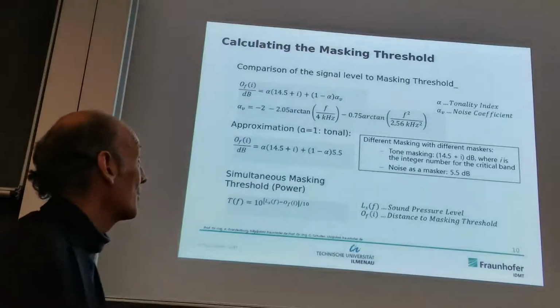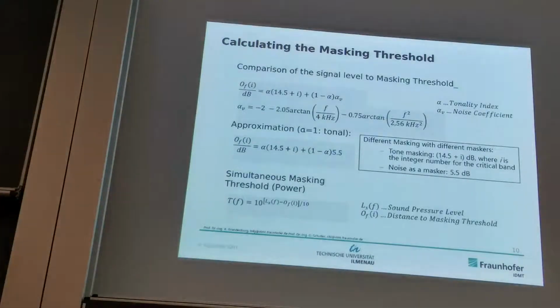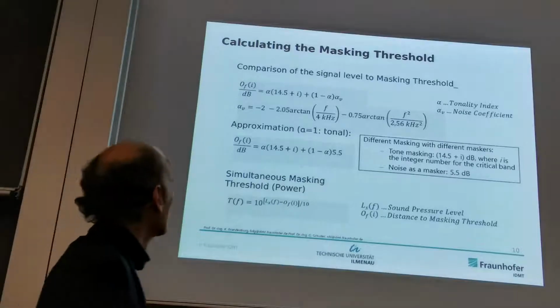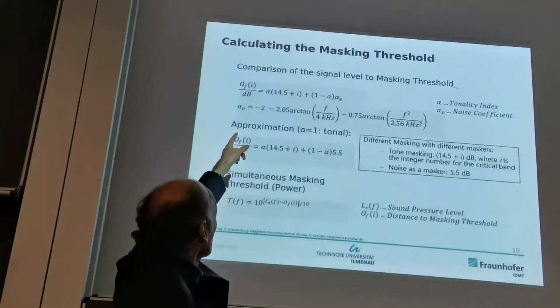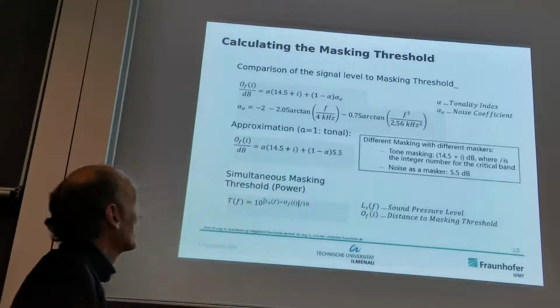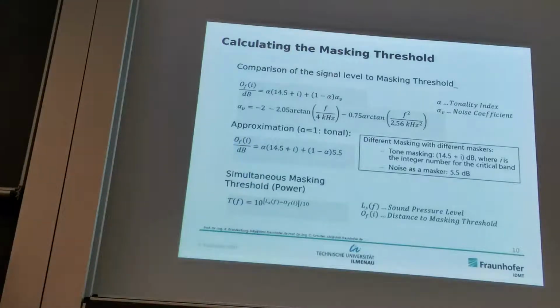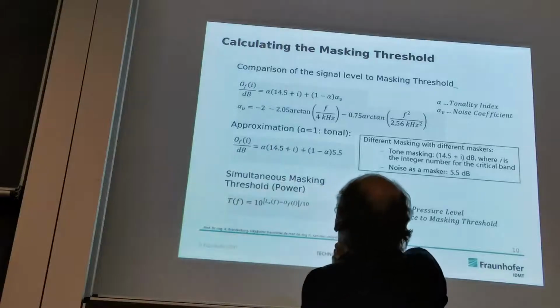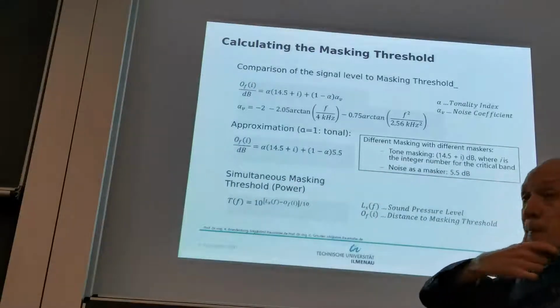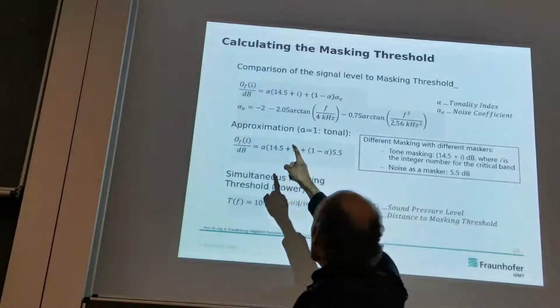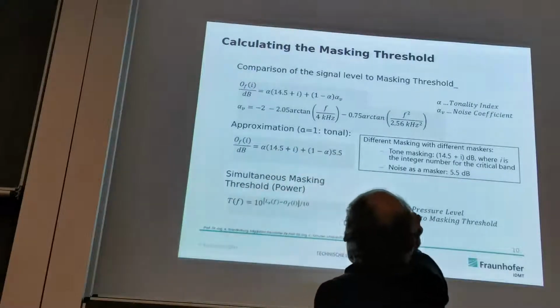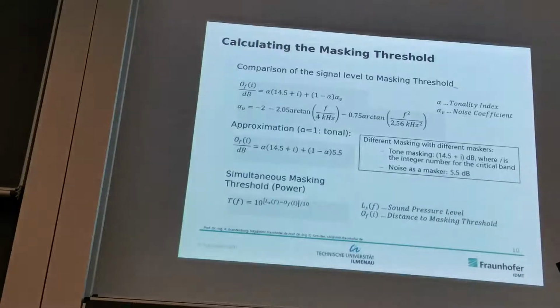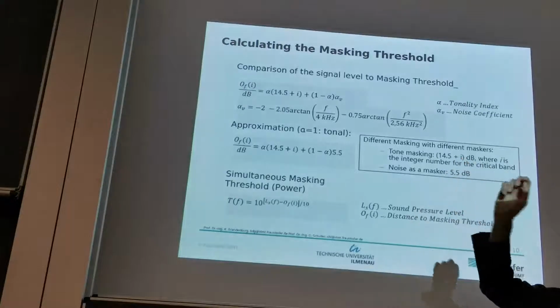Right, so here you can now see our spreading function in numbers, basically. The first formula gives you the simultaneous masking, and you can see the simultaneous masking has this alpha, and this alpha is the tonality index. So if alpha is 1, then we had a tone. And then we get a simultaneous masking of 14.5 plus i, and i is the critical band index.